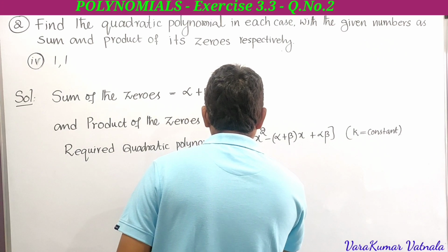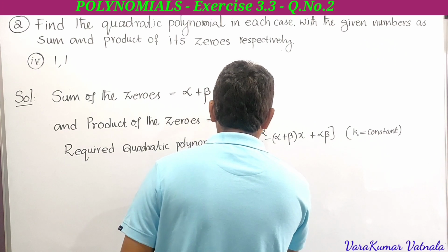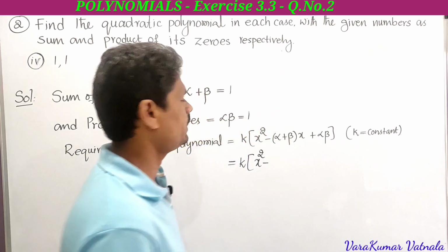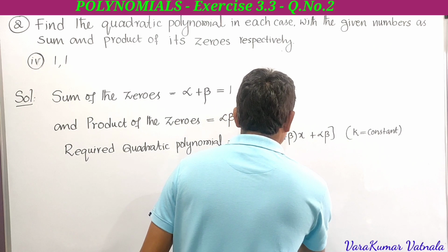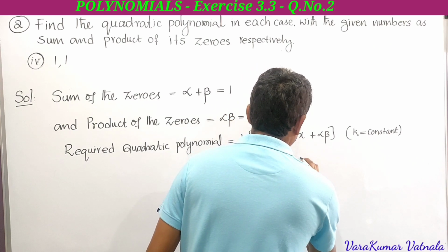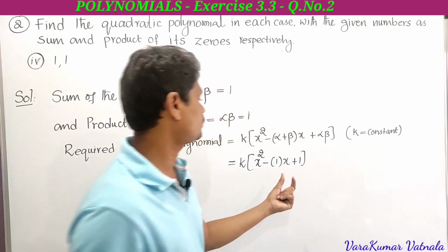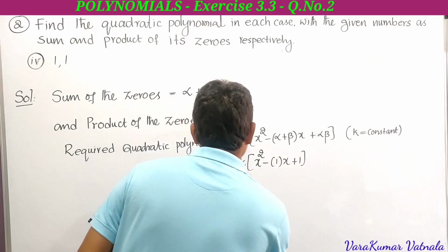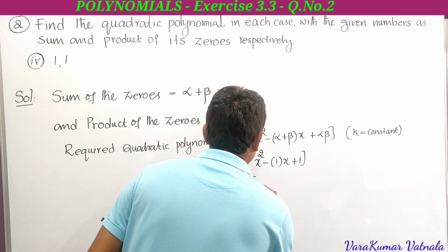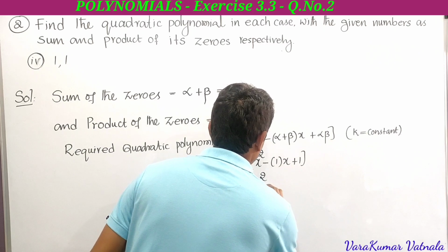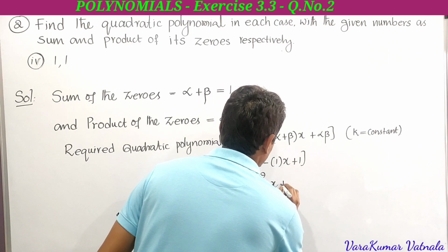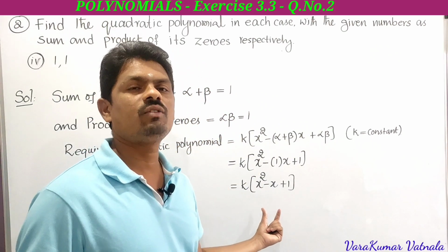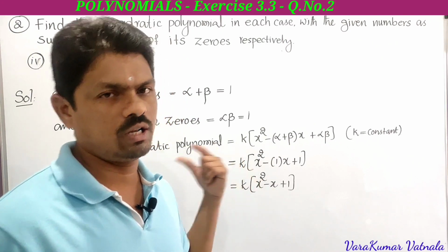So k into x square minus 1 into x plus 1, since alpha plus beta is 1 and alpha into beta is also 1. So we get k into x square minus x plus 1. So this is the required quadratic polynomial. By substituting different values for k, we can get different quadratic polynomials.